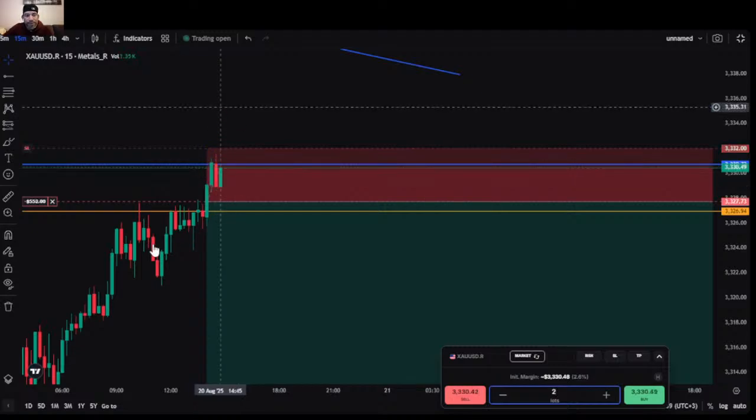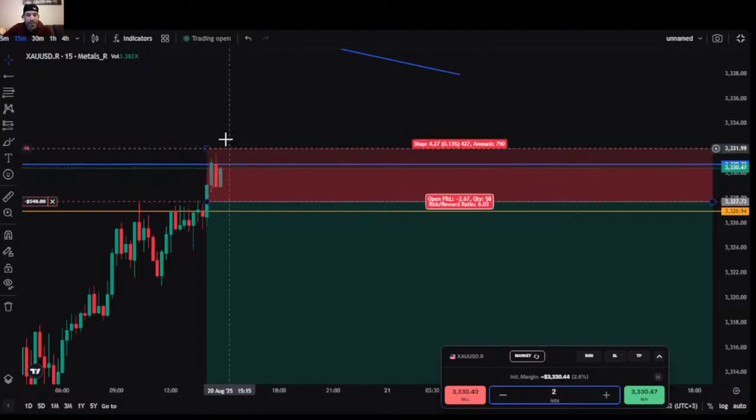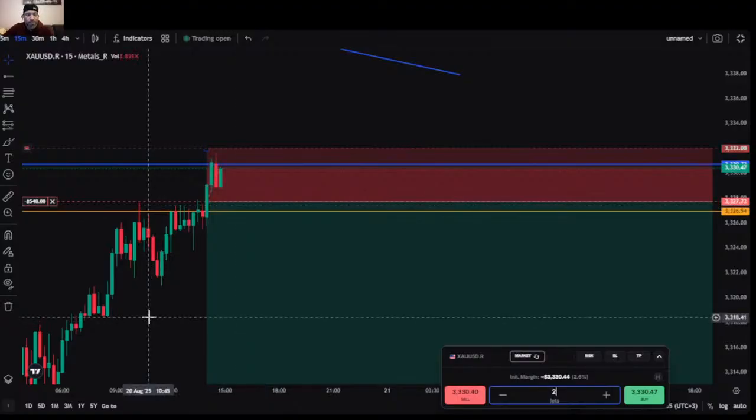But this thing could just rip up, take out the highs, stop us. Eight minutes to candle closure.